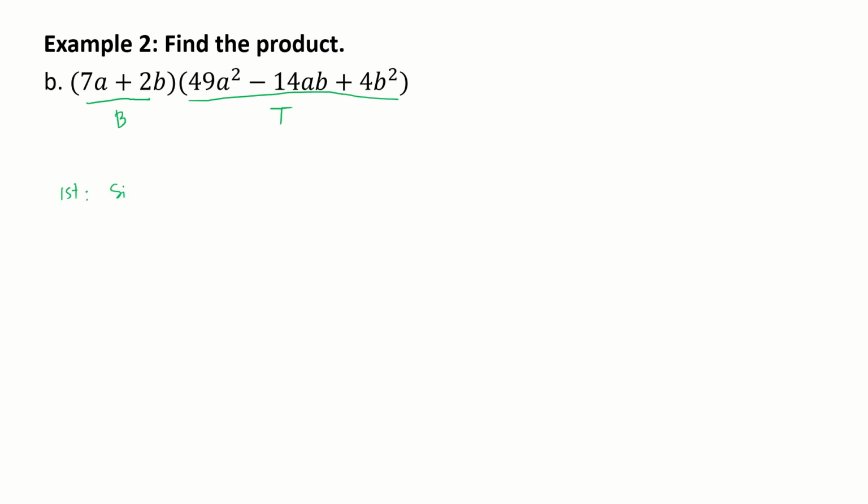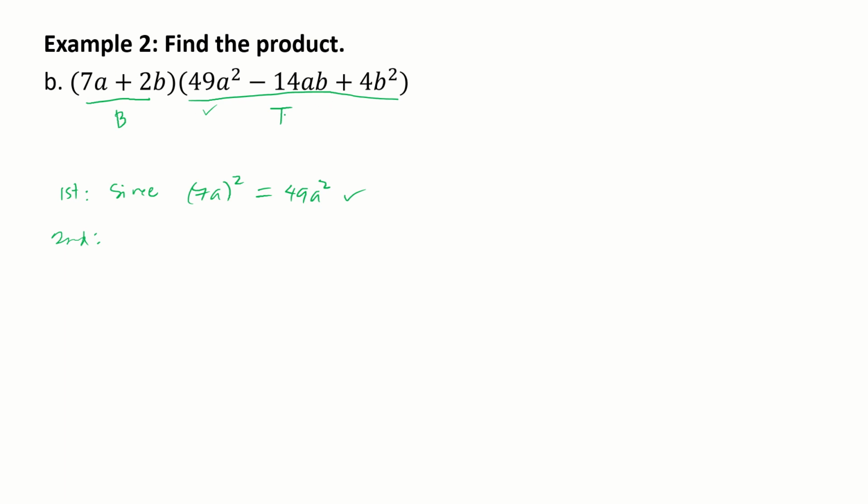So first, the first term of a trinomial must be the square of the first term of our binomial. The square of 7a is 49a squared, so that would be fine as of the moment. Second condition, it must be the opposite of the product of our first and second term in our binomial.